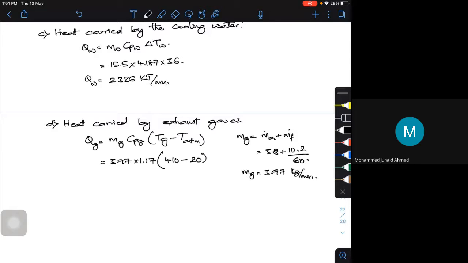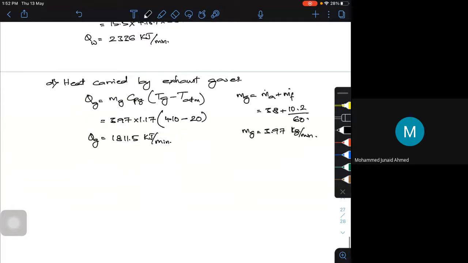So directly you are getting it in terms of kilojoules. 3.97 into 1.17 into 390, so it is 1811.5 kilojoules per minute.